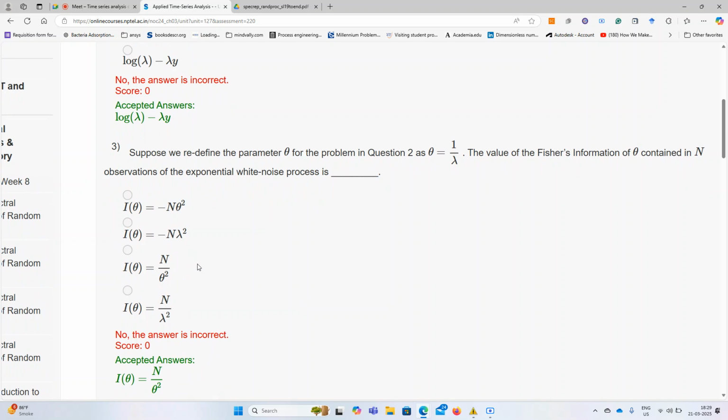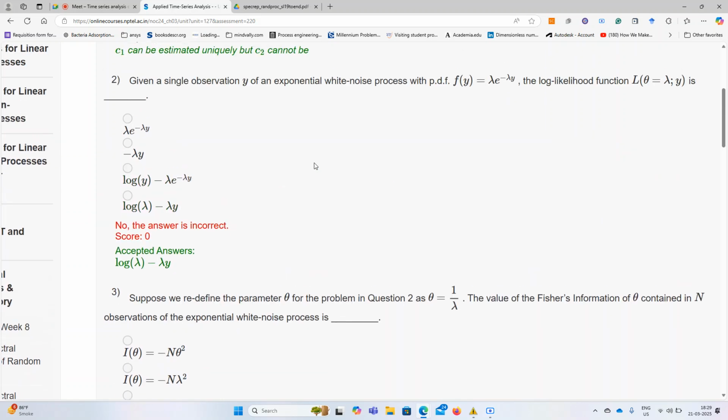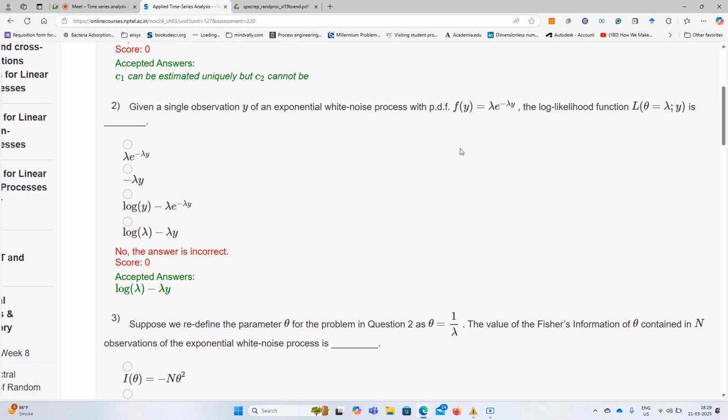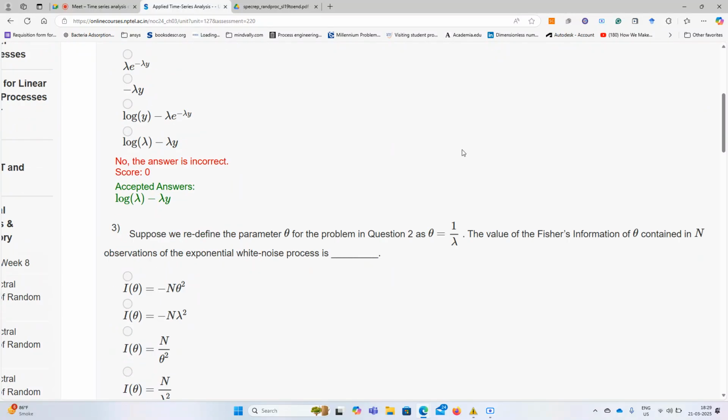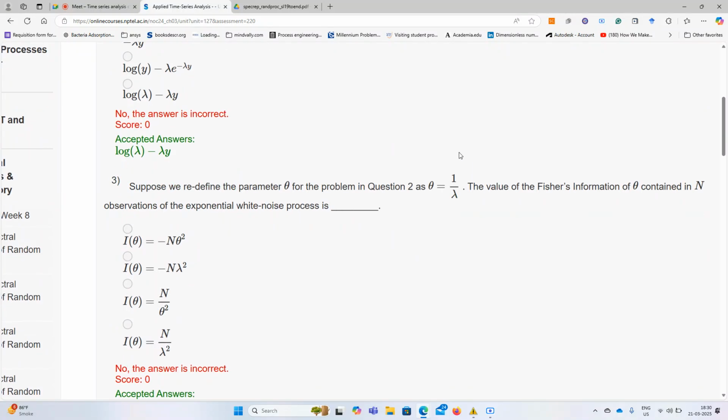For theta here above, it would be n lambda square. But if theta is 1 by lambda, then you have to write n by theta square.